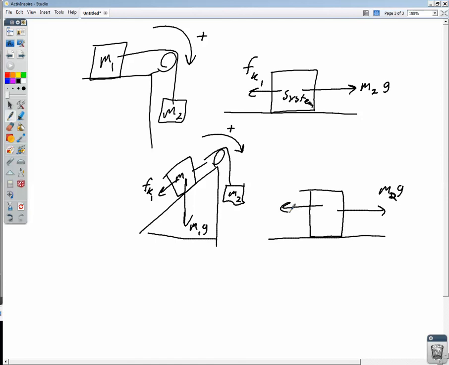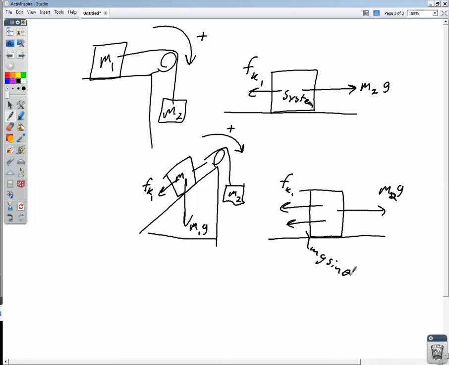We've got the force of kinetic friction on block 1, and we also have mg sine theta. That's the x component of m1's weight, or the component going down the ramp, that is also acting in the negative direction. Okay? So really only 3 forces to consider here.